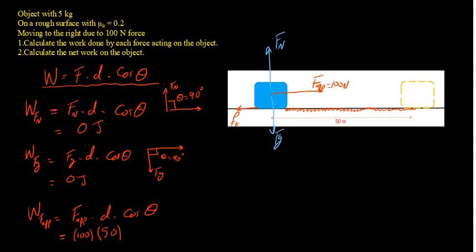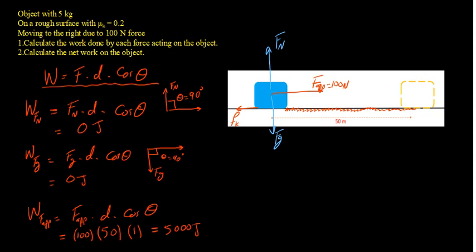The angle between the applied force, the one causing the motion, and the distance will be 0 because they are going in the same direction. So cosine 0 is 1, and with a simple calculation that will give me 5,000 joules as the work done by the applied force.